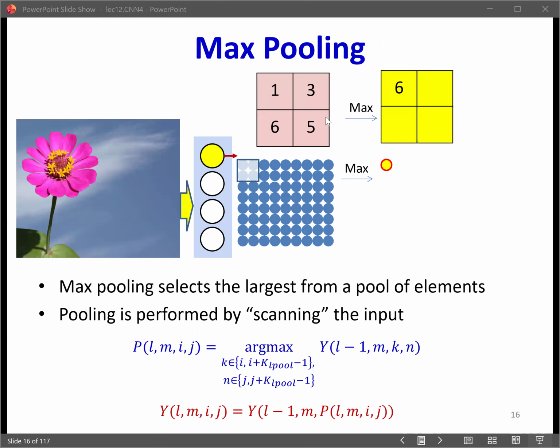So if this were the window, what I mean by jitter sensitivity is that if you're looking for something like a flower, you can't get too specific and say that the petal must be exactly here, and this one must be exactly here, for this to be a desired feature.